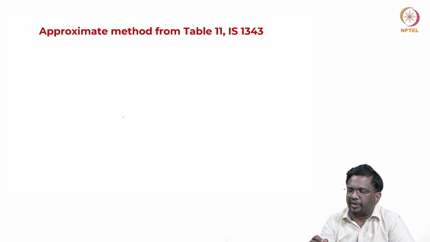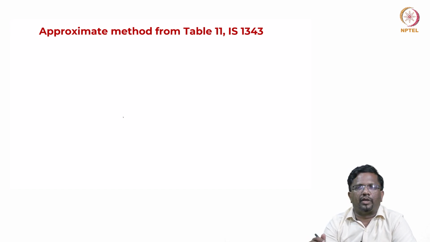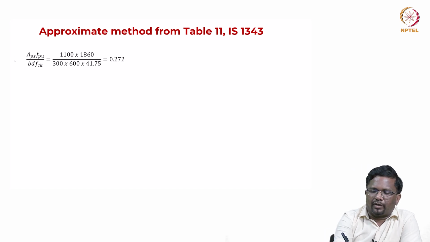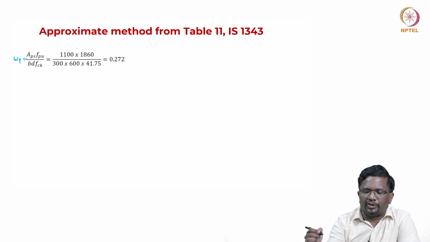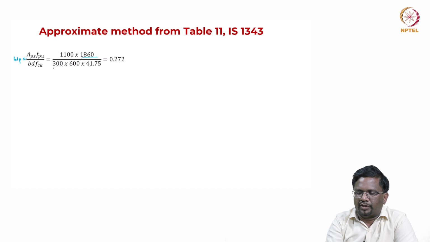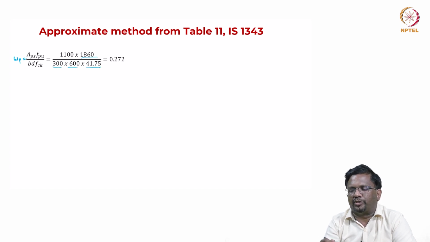Okay, the same section, now let us calculate using the approximate method from Table 11 in IS 1343. As we calculated, the reinforcing index parameter, which is WP. APS is 1100 millimeter square, FPU is 1860, B is 300, D is 600, and FCK is 41.7.